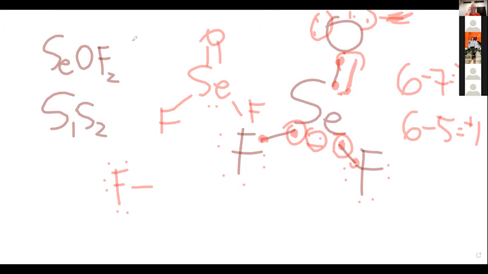I mean, it would have been polar anyway, because this isn't a symmetrical molecule. Even if it was planar, it wouldn't be symmetrical. If it isn't symmetrical, it wouldn't be non-polar. The electronegativity of the fluorines is higher than the oxygen. So if you were to draw dipoles, they would point toward the fluorine, and a smaller one toward the oxygen, because fluorine is more electronegative.